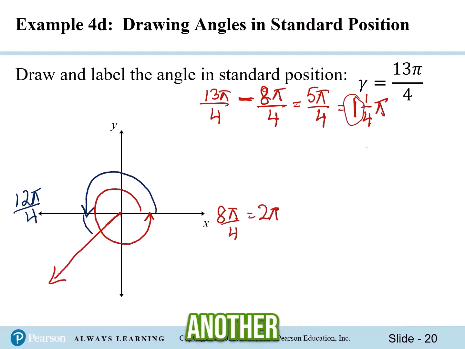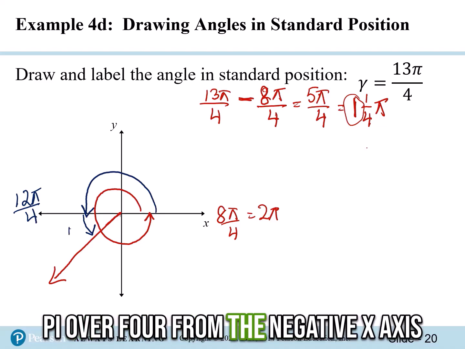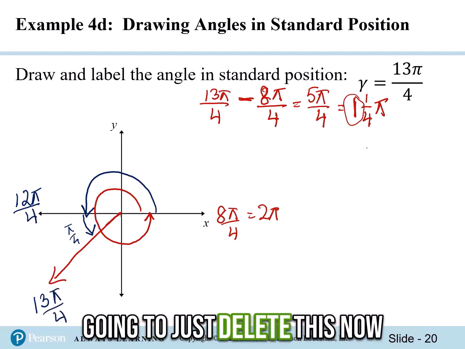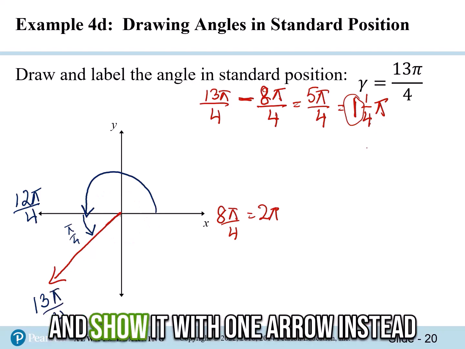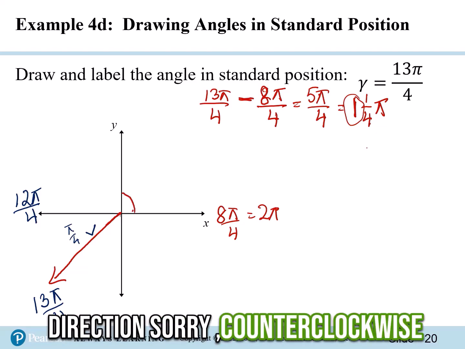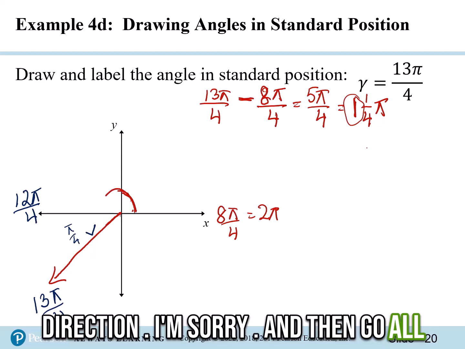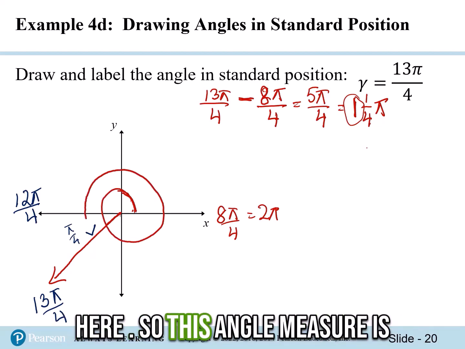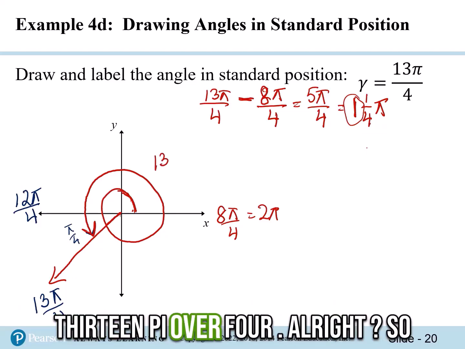So that's another pi over 4 from the negative x-axis to get us 13 pi over 4. All right, so I'm going to delete this now and show it with one arrow instead of so many different arrows. It's going to start in the counterclockwise direction and then go all the way around and stop here. So this angle measure is 13 pi over 4.